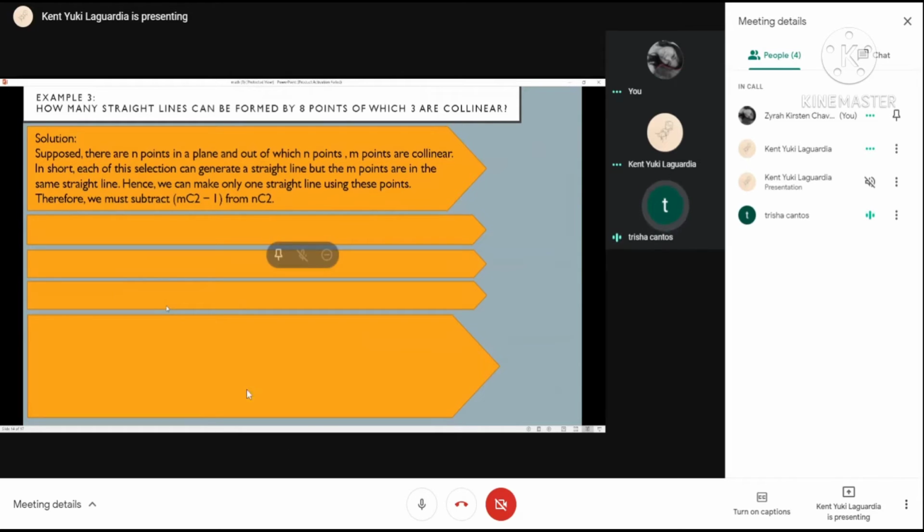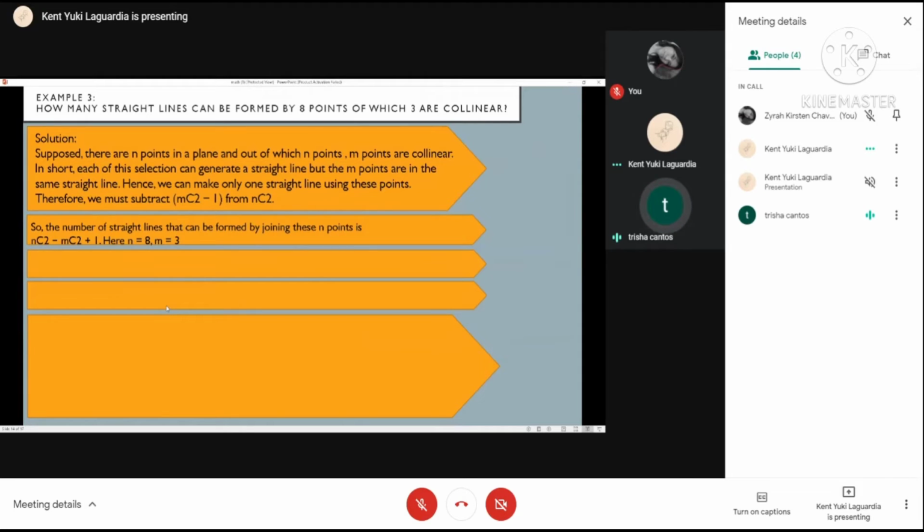Hence, we can make only one straight line using these points. Therefore, we must subtract mC2 minus 1 from nC2. So the number of straight lines that can be formed by joining these points is nC2 minus mC2 plus 1.